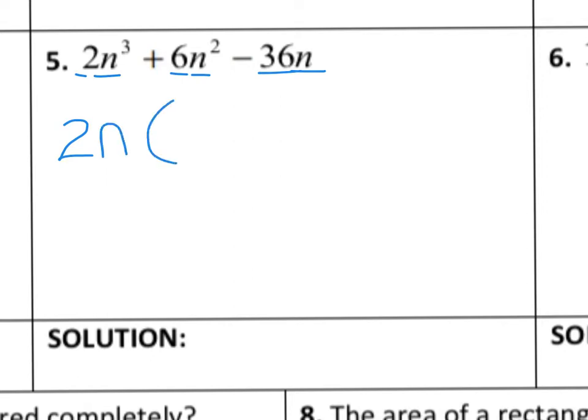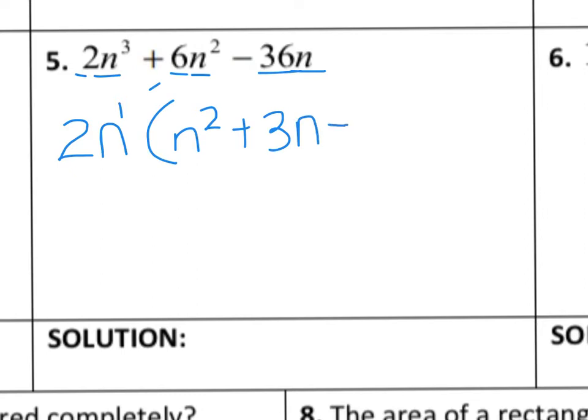So let's go ahead and divide each term. So 2n cubed divided by 2n, 2 goes into 2 one time, and n to the third minus n to the first leaves me with n squared. And I'm going to do the same to this term. 6 divided by 2 is 3, and n squared minus n to the first leaves me with a single n.